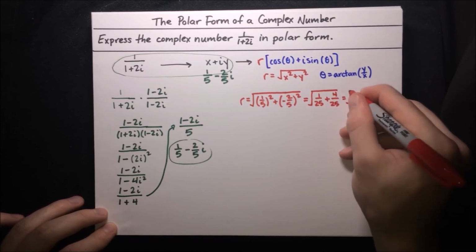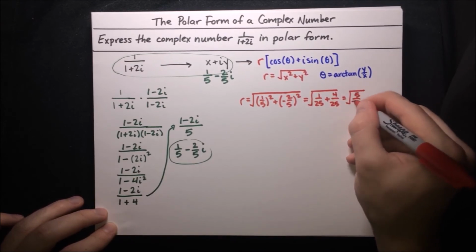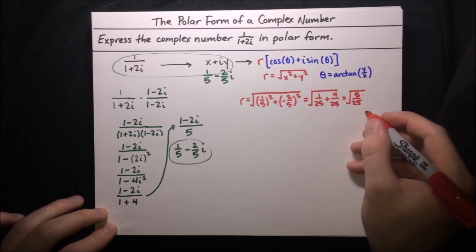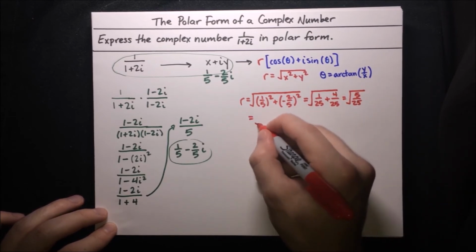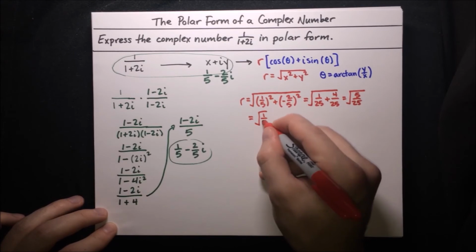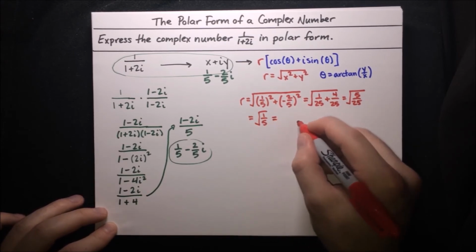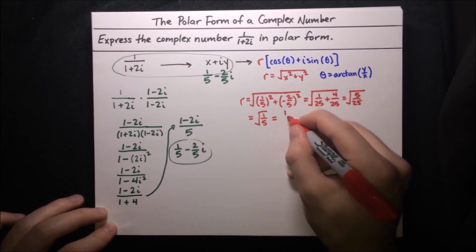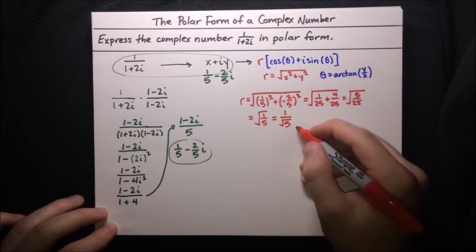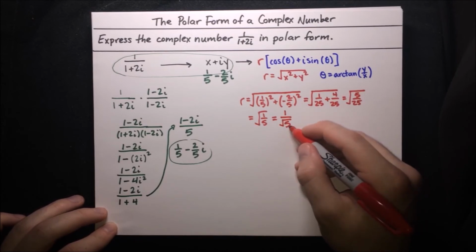So this is square root of 5 over 25, and 5 over 25 is just equal to 1/5, so square root of 1/5, and we can apply the square root to the numerator and denominator separately. So square root of 1 is just 1, square root of 5, just square root of 5, and let's go ahead and get that root out of the denominator.